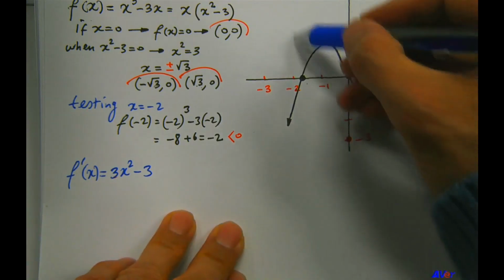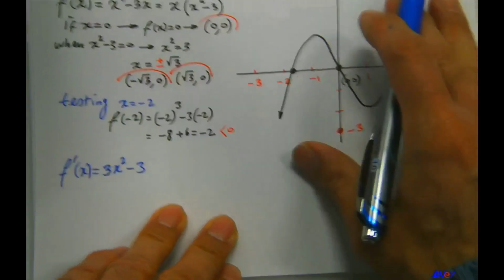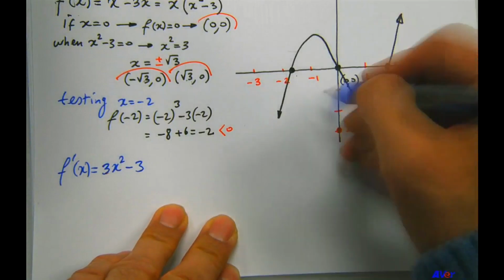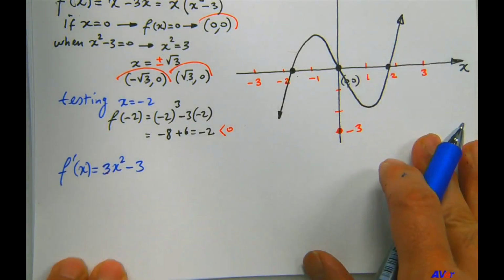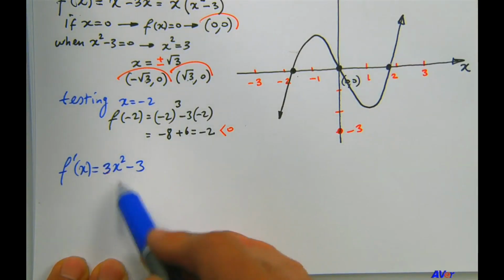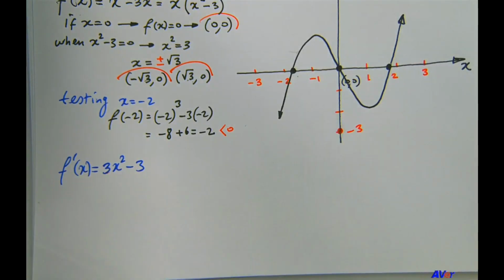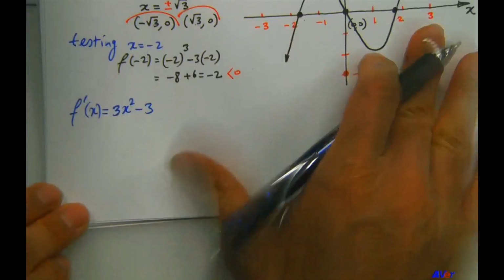If x squared would be wider, so 3x squared would be closer. Those arms of the graph would be closer. And of course, that's the y-intercept. And where would the x-intercept be? So let's find that out.